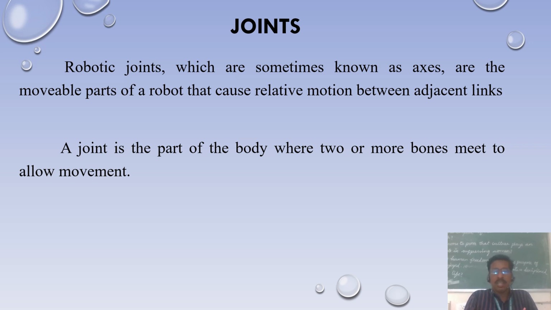Robotic joints are much needed, as they create an axis, create a rotation, so that they create movements from one angle to another angle. So the joint is also very important in a robotic system. Joints, which are sometimes known as axes, are the movable parts of a robot that cause relative motion between the adjacent links. A joint is a part of the body where two or more bones meet to allow movements.